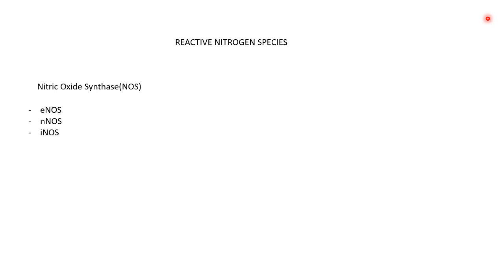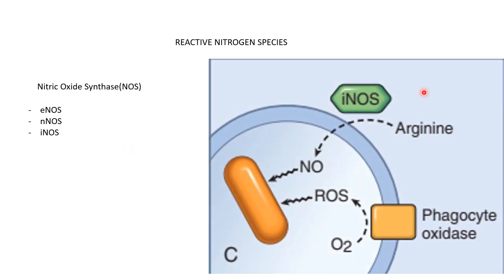The first two nitric oxide synthases are produced in low amounts, and they are responsible for maintaining vascular tone. Because remember that nitric oxide is responsible for what? For vasodilation. So the first two will produce nitric oxide to maintain the vascular tone. The one that we need in the phagocytic reaction of killing and degradation is inducible nitric oxide synthase, which facilitates the formation of nitric oxide from arginine.